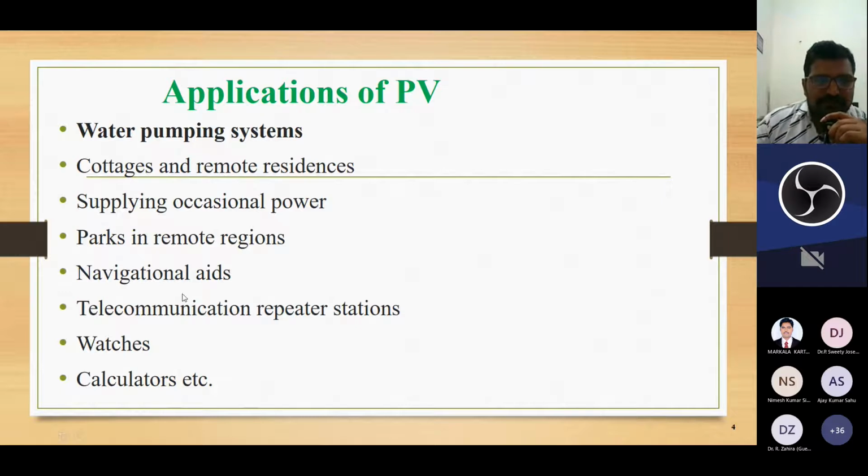Also navigational aids, in some navigational systems and telecommunication systems, which are located far from the grid, the power requirements can be met with the help of PV applications. Similarly, nowadays we are getting solar watches and solar calculators. So the power application using solar is going to increase day by day drastically.